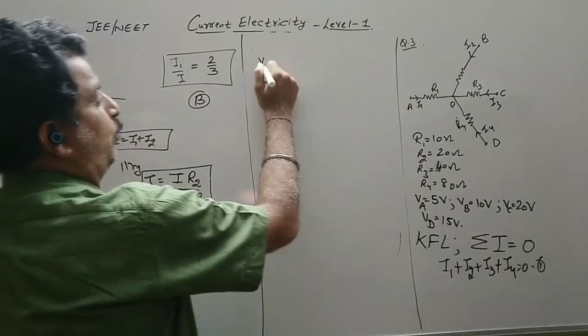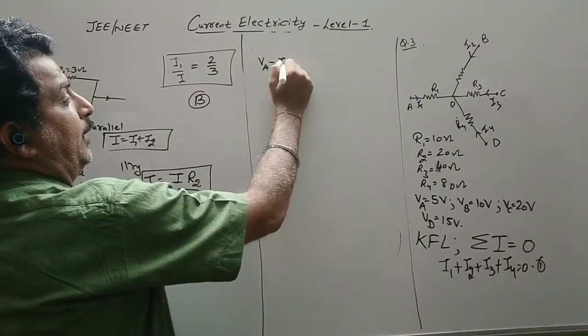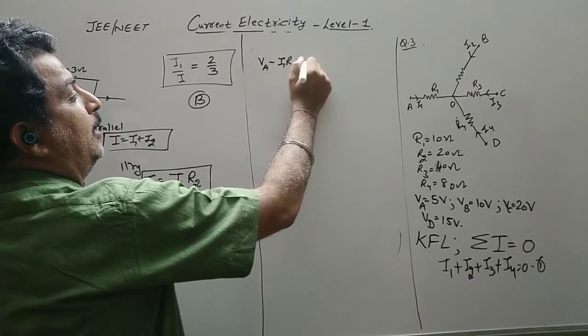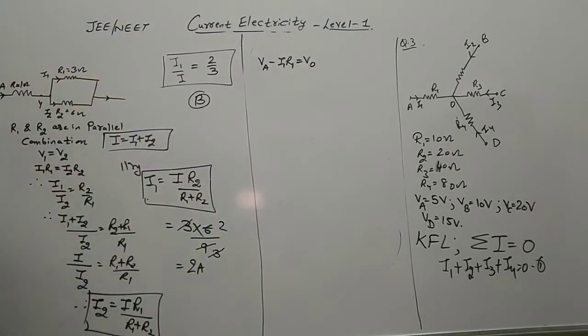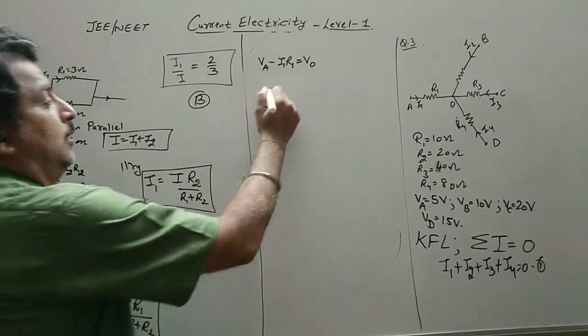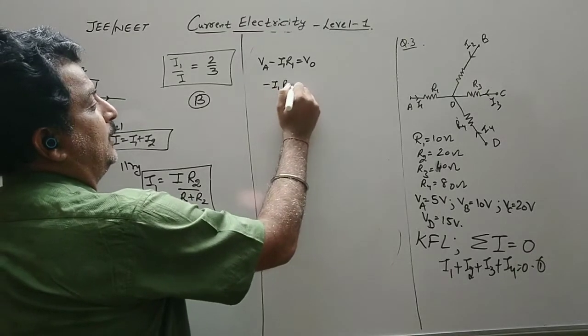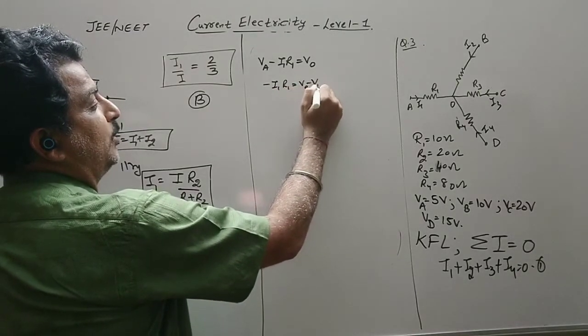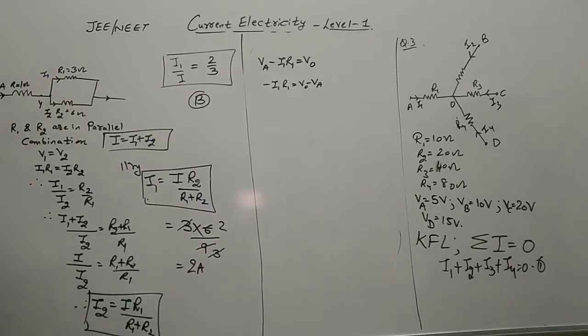From point A, it will be VA minus I1 R1 is equal to V0. So this will be the situation. We are moving in the direction of the current. If we take the direction of the current to be correct, then this should be the equation. So in this situation, we can write minus I1 R1 is equal to V0 minus VA.